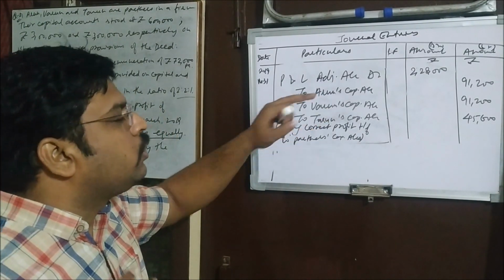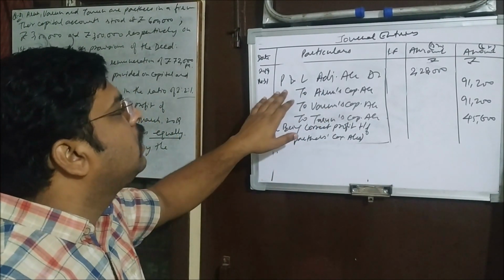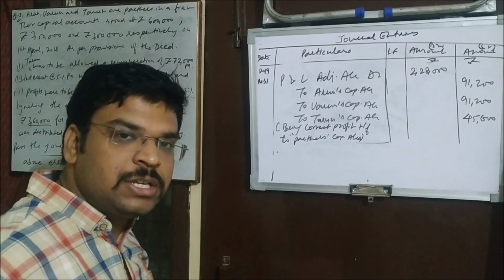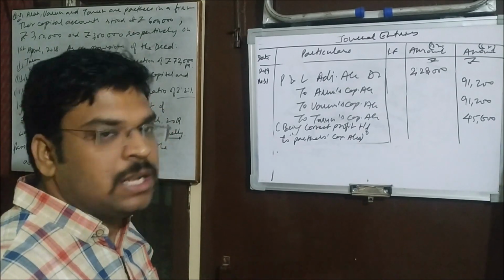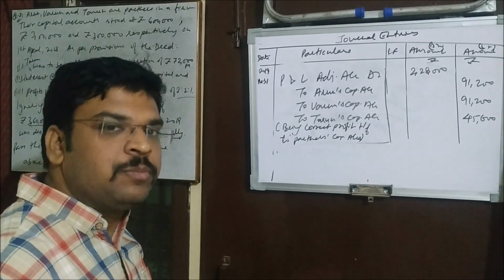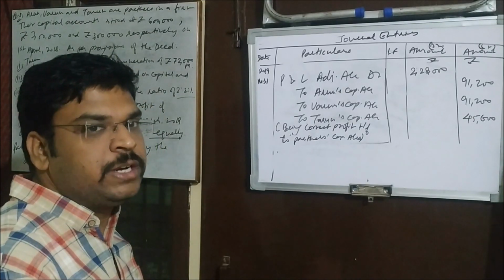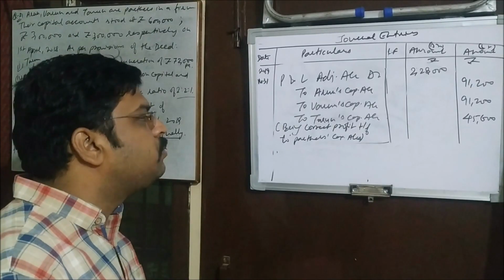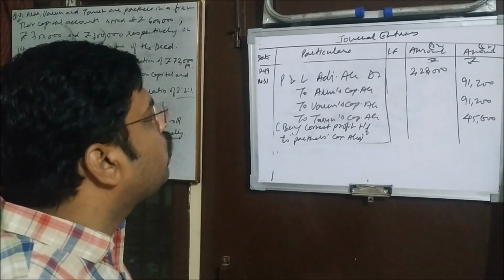For your satisfaction, you can prepare a ledger of profit and loss adjustment account and pass all the journal entries there. You will find the balance nil, because whatever treatment was supposed to be done has been done. The purpose has been served. So it has been closed. So this is the way to attempt the question.